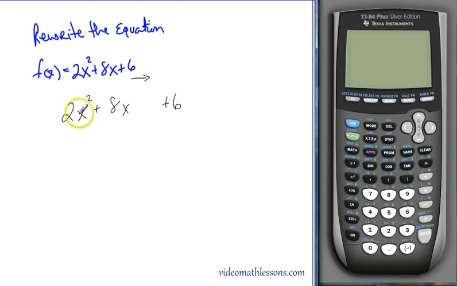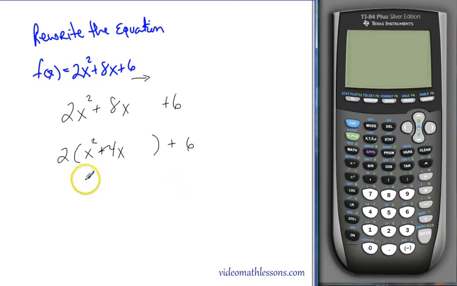Now in the front here, I don't want a coefficient in front of the x squared. So I'm going to take out a 2, the greatest common factor. Notice I'm not taking out the x because I want the x in it. I put a little space here and a parenthesis.